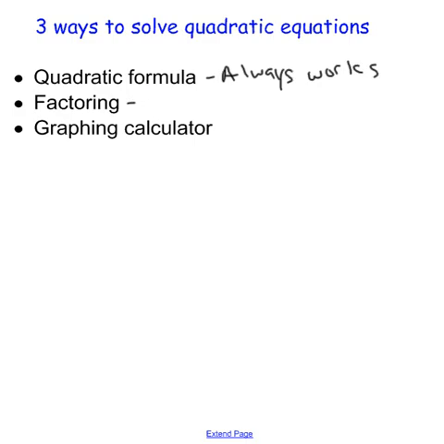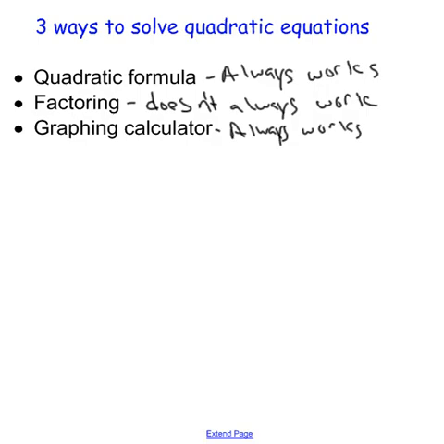This doesn't always work, because sometimes you have equations that are unfactorable. Or you can use the graphing calculator, and that also always works.